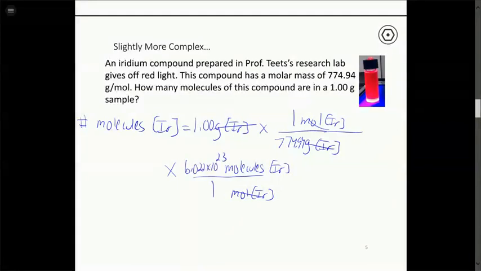So there's 6.022 times 10 to the 23rd molecules per 1 mole. Last time we did it in the context of elements, so there's that many atoms per 1 mole, but if it's a compound, there's going to be that many molecules per mole. And so when you multiply this out, assuming I did my math right, you get 7.77 times 10 to the 20th molecules.